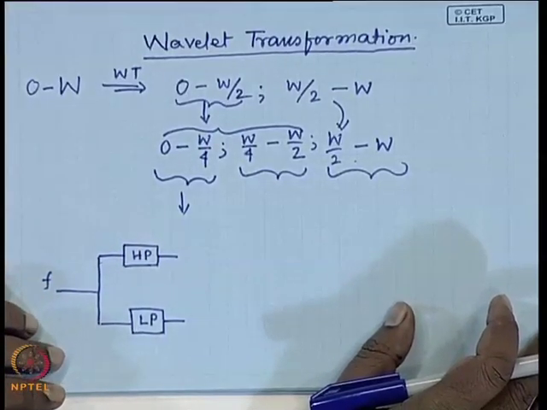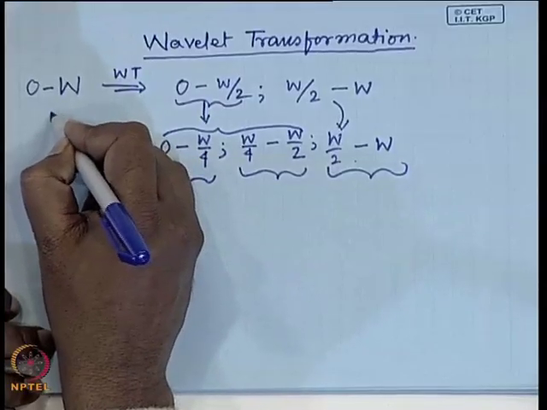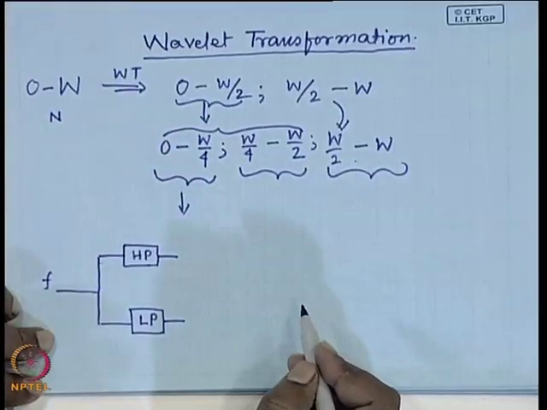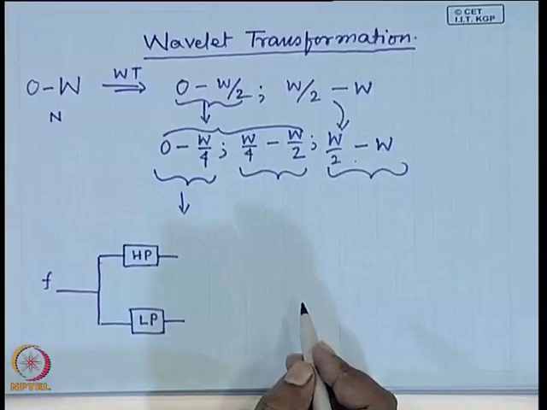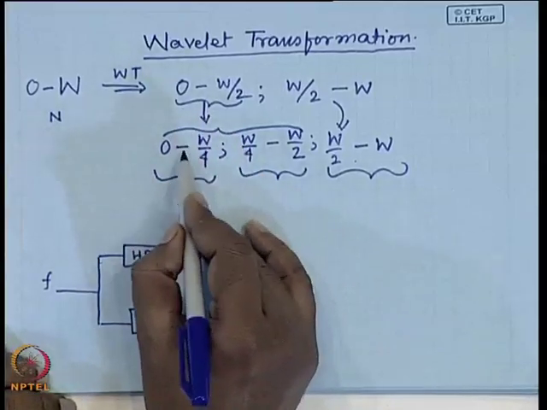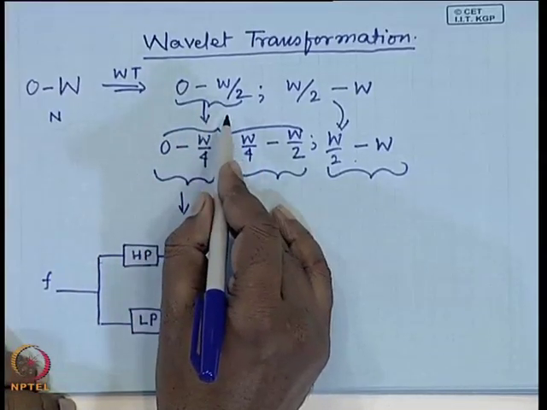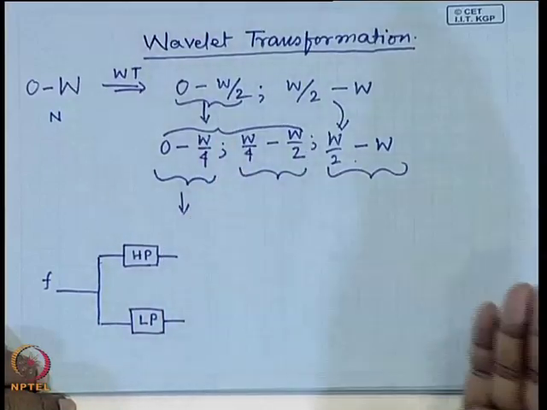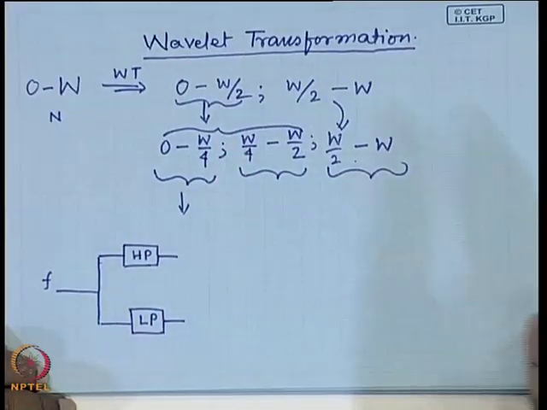Now, there is another piece of information here: my original bandwidth was 0 to W, and from Nyquist sample rate you know that when you have a bandwidth of W, the minimum sampling frequency has to be twice W. That is the Nyquist sampling rate, otherwise you lose the information. So, if I have a total of n samples to represent this signal, now because I am reducing the bandwidth to W by 2, following the Nyquist sampling rate, my sampling frequency comes down by a factor of 2.